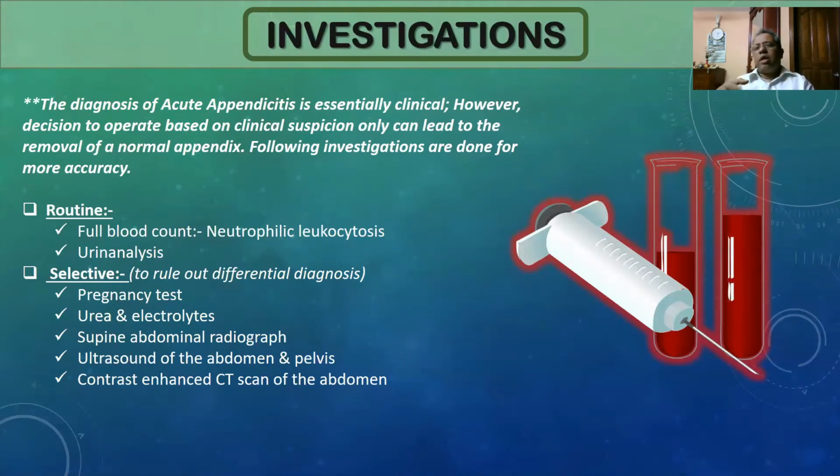Fourth investigation is ultrasonography of the whole abdomen, with particular attention to the right lower abdomen. These investigations can diagnose most cases of appendicitis, except in rare varieties, in our context. But in advanced countries, they routinely go for the contrast enhanced CT scan. So CT scan can also more or less confirm whether the patient has appendicitis or not.